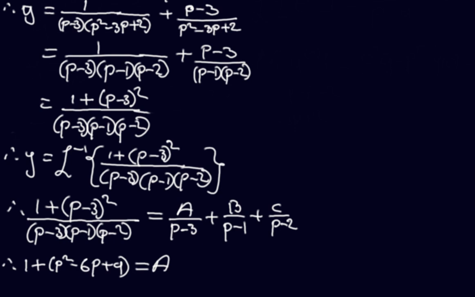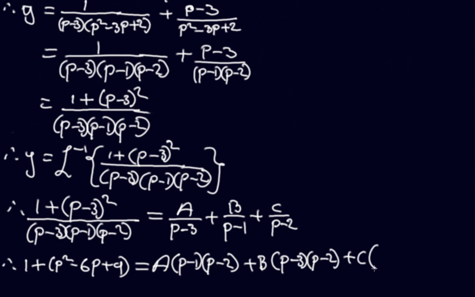When the two cancel, we'll be left with p minus 1, p minus 2, plus b. P minus 1 will cancel, we'll be left with p minus 3, p minus 2, plus c. P minus 2 will cancel again, then we'll be left with p minus 3, p minus 1.